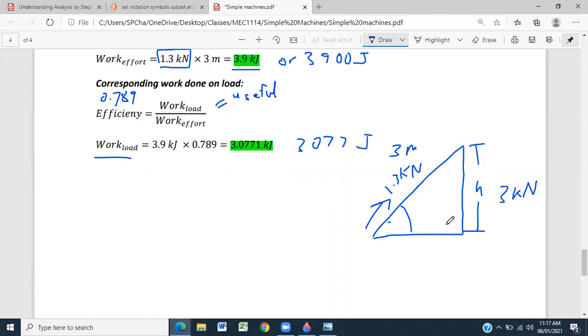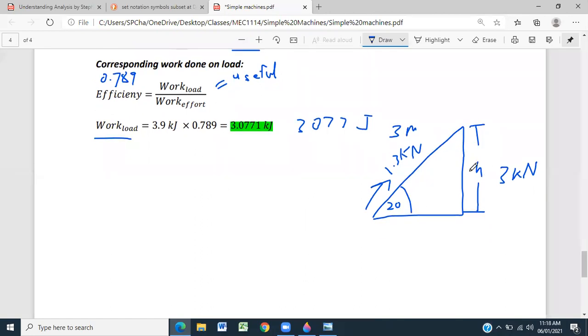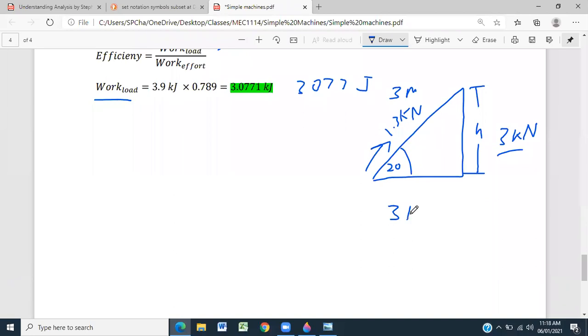An alternative way to find that is to find this length and just multiply by 3 kilonewtons. So 3 kilonewtons by whatever the length h is.